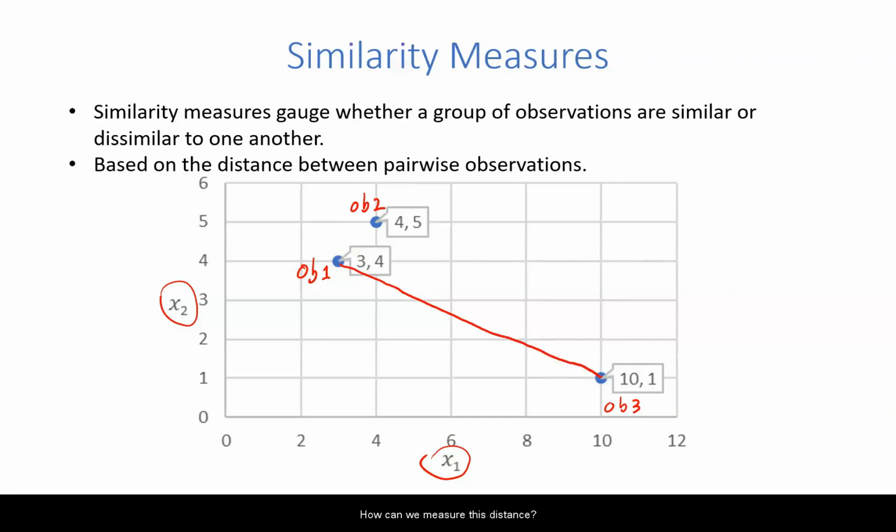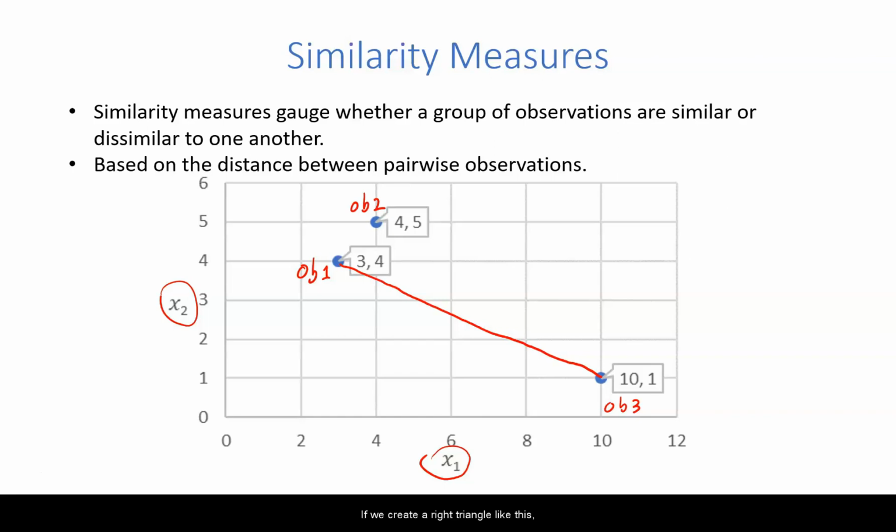How can we measure this distance? If you recall from your geometry class, there is a theorem called the Pythagorean theorem, named after the Greek thinker Pythagoras, that would be useful in solving our problem.